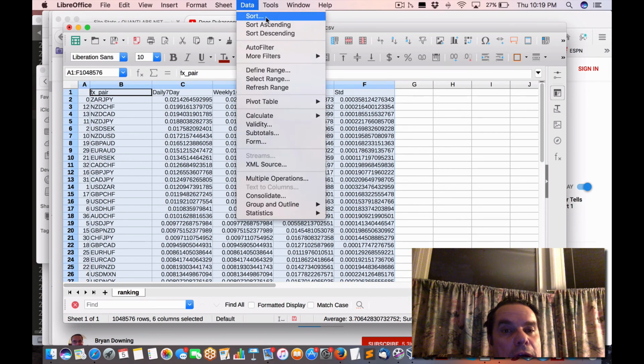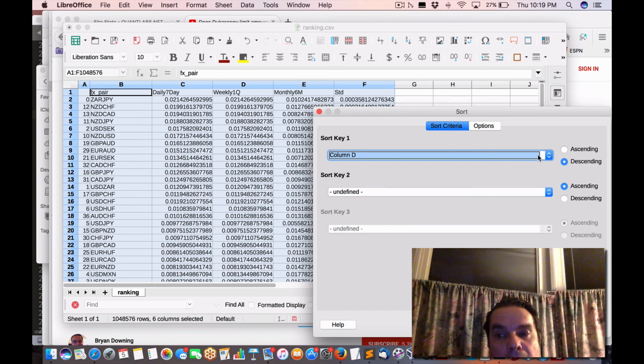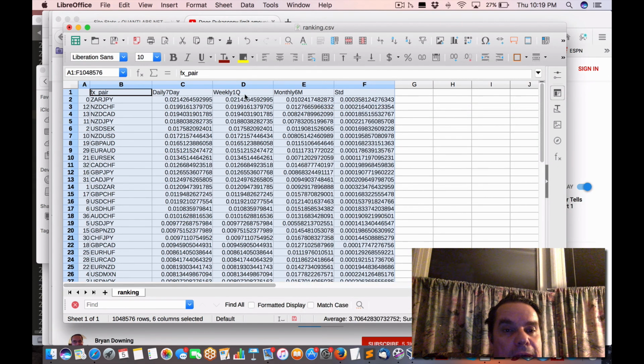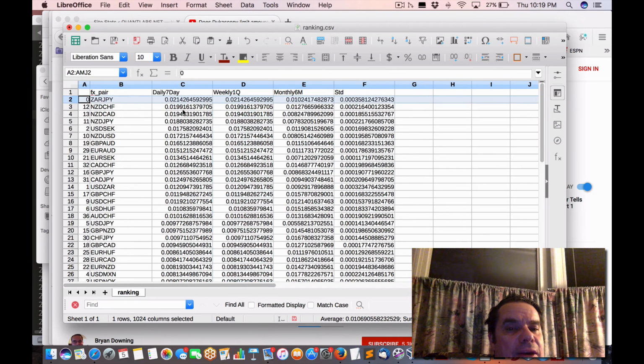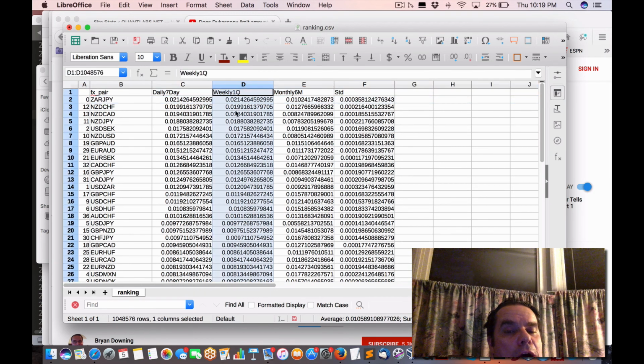I like to make sure that this does work. Okay, so now we have this one, which is pretty well the same. You can see that the weekly and the quarterly are pretty well the same.